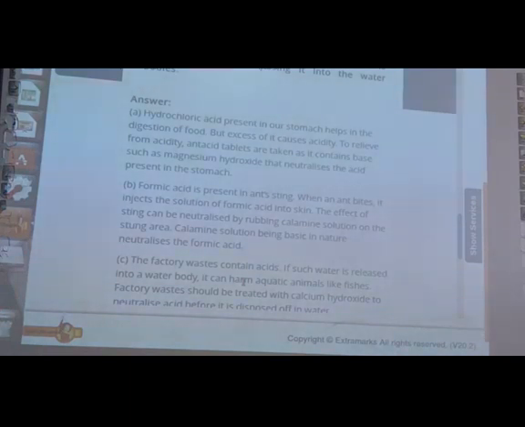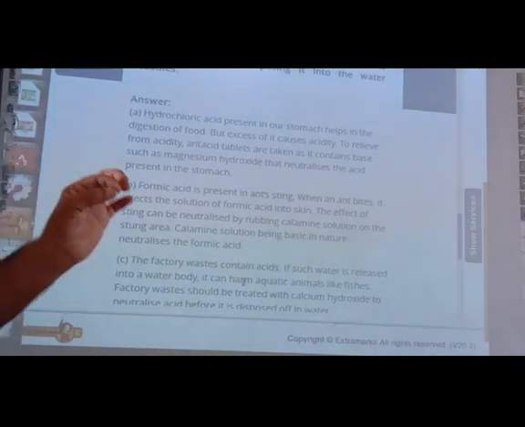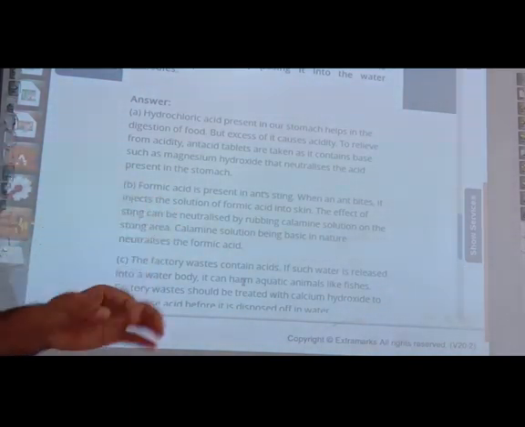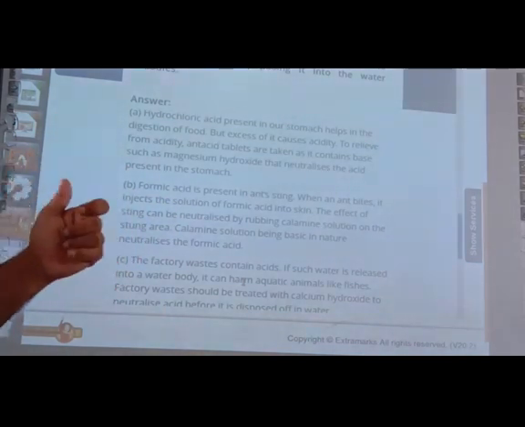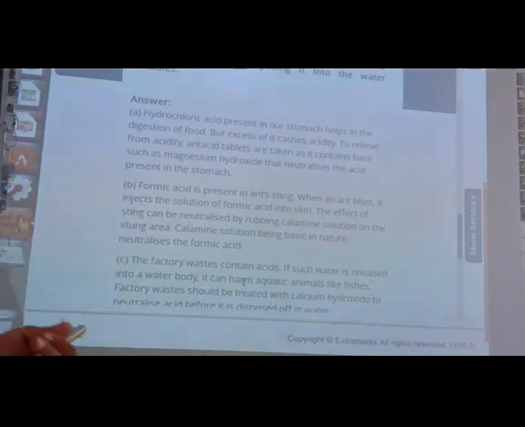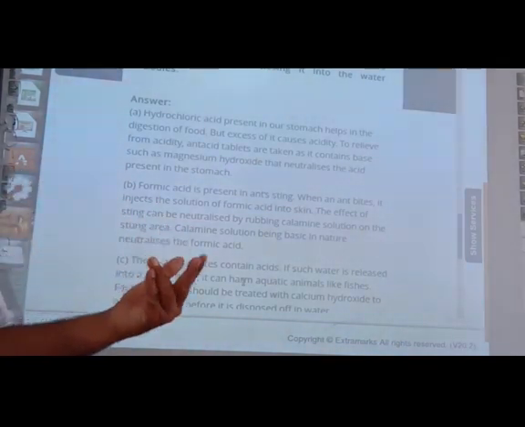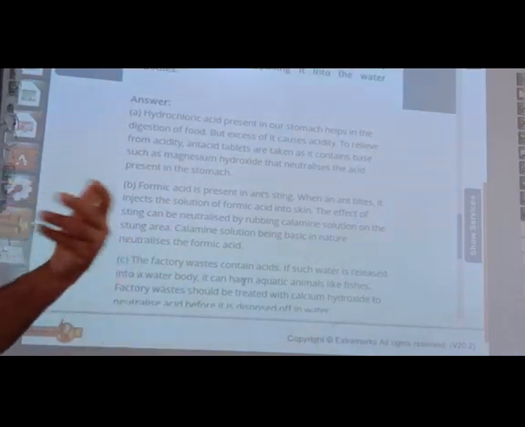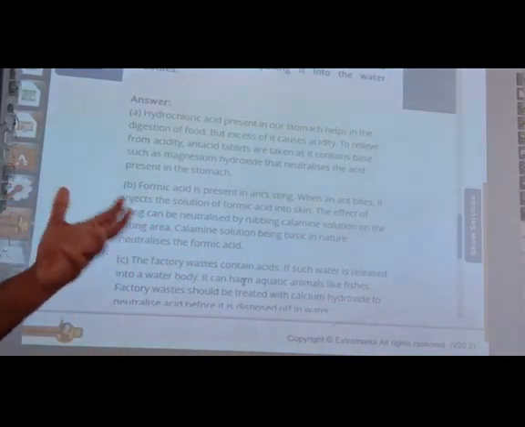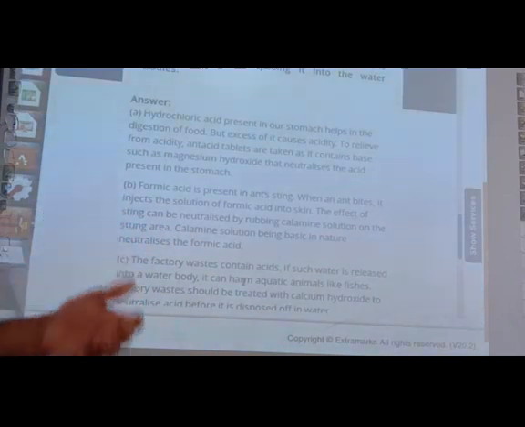Second question, whenever an ant bites, it injects one particular acid into our body, called formic acid, and this acid once injected produces a burning sensation or shooting pain. To neutralize it, we should take a basic substance like calamine solution, which is zinc carbonate, or baking soda, that is sodium hydrogen carbonate.